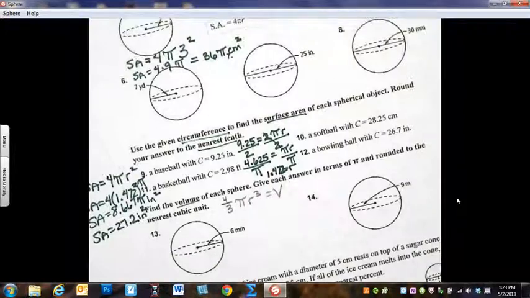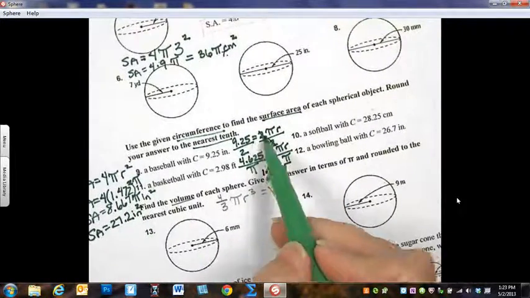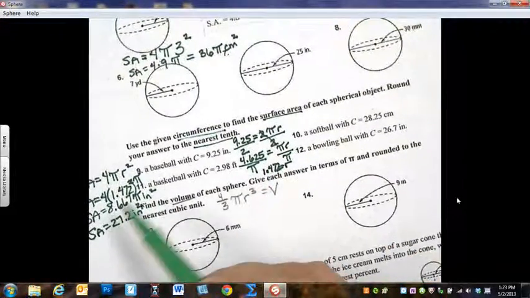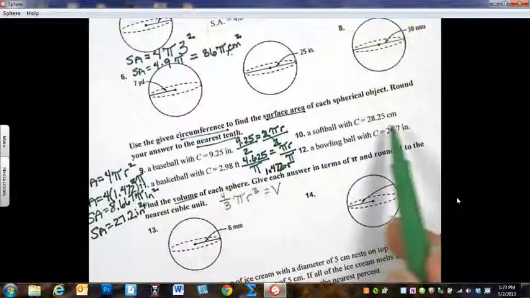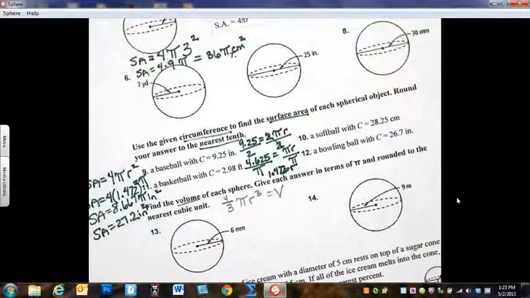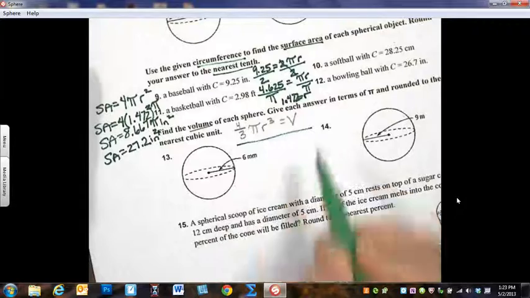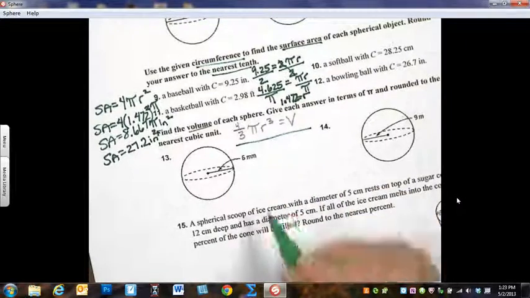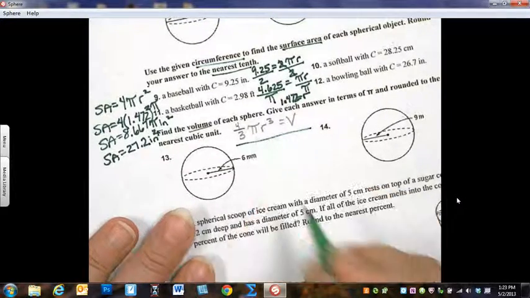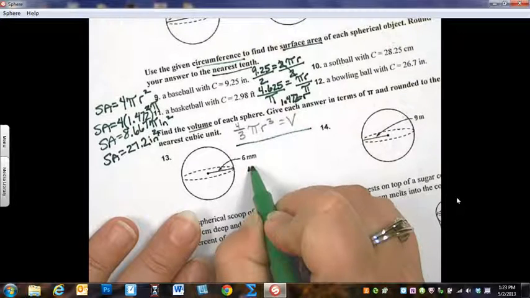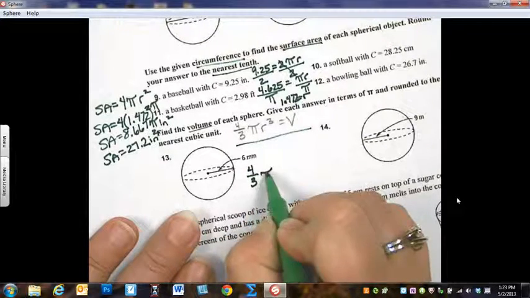Okay? Hopefully, it's a 2-step problem, and you're going to come up with all of your answers just that exact same way. Now we're down to volume. The volume of a sphere, this is my formula. So when I do the volume, I just need my radius. So 4/3 pi, what's your radius?